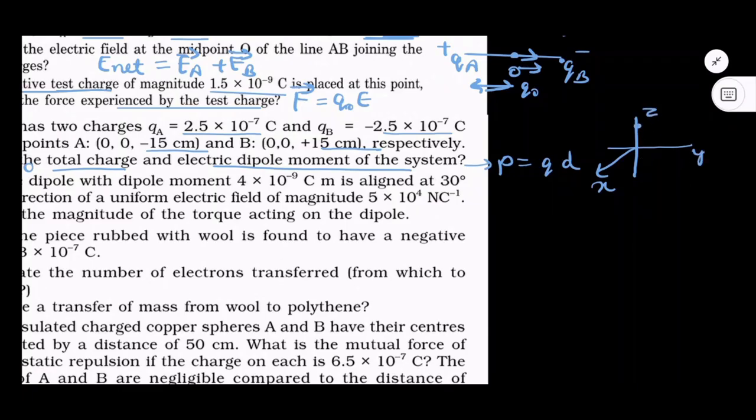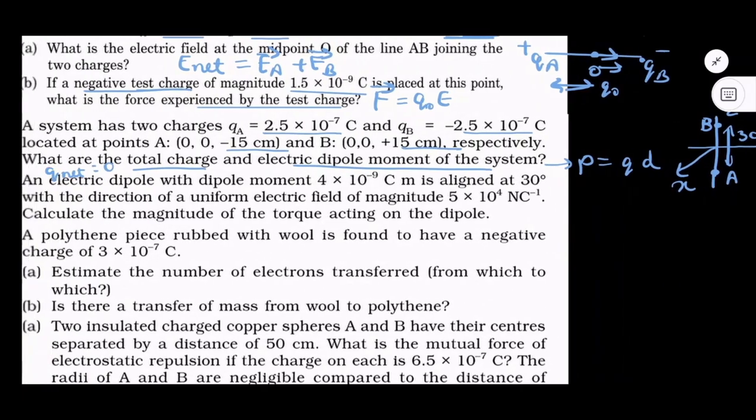We are placing one of the charges at point A and another at point B over here. So this is point B, this is 15 centimeter above, and this is point A. So the total distance will be 30 centimeter, right? You can substitute the values and calculate the answer.